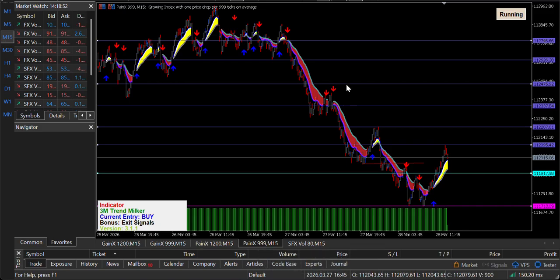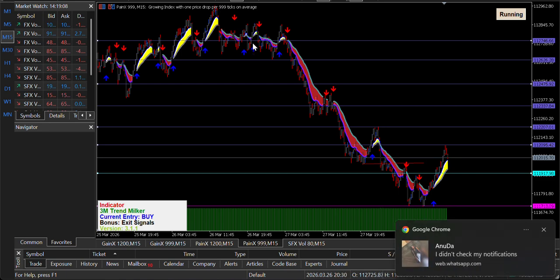This time around, we're checking out this particular asset, Paynex 999. For Paynex 999, we are still going to be using the same trading strategy, but this particular asset we actually milked right from this resistance zone down to this region.